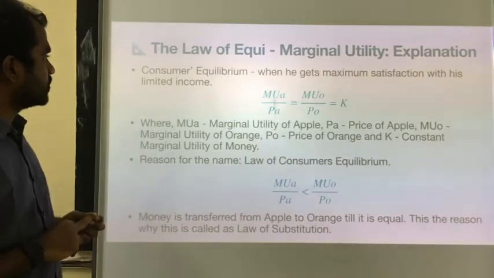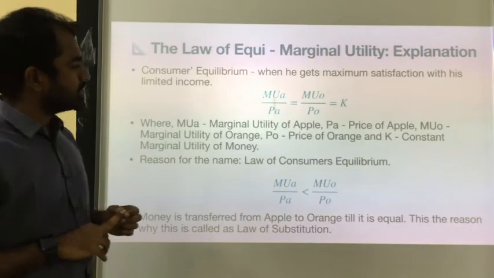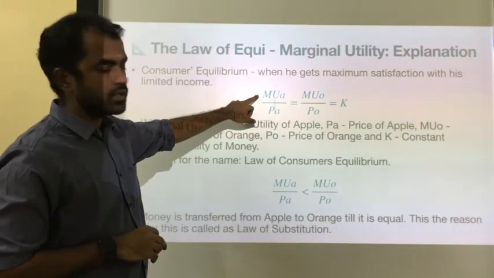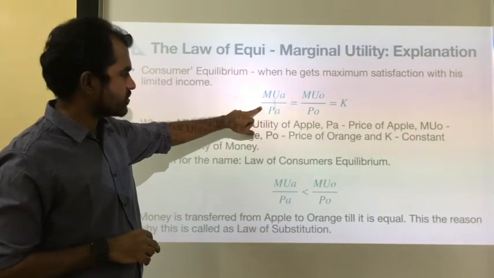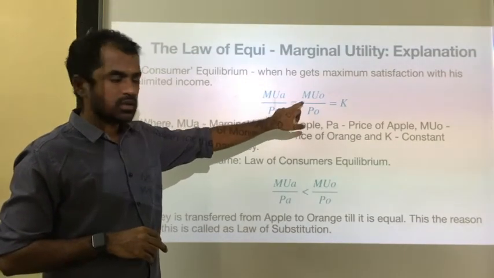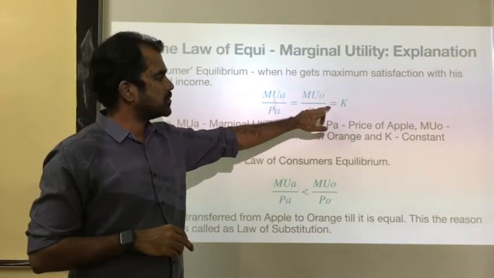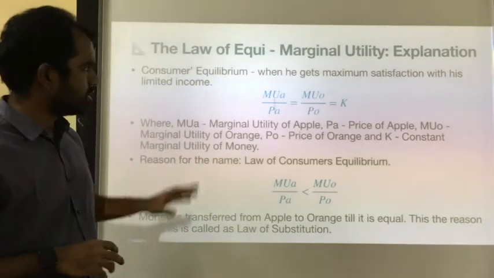So to explain it further, take the first equation, which is marginal utility of apple divided by price of apple, which is equal to marginal utility of orange divided by price of orange, which is equal to constant marginal utility of money.